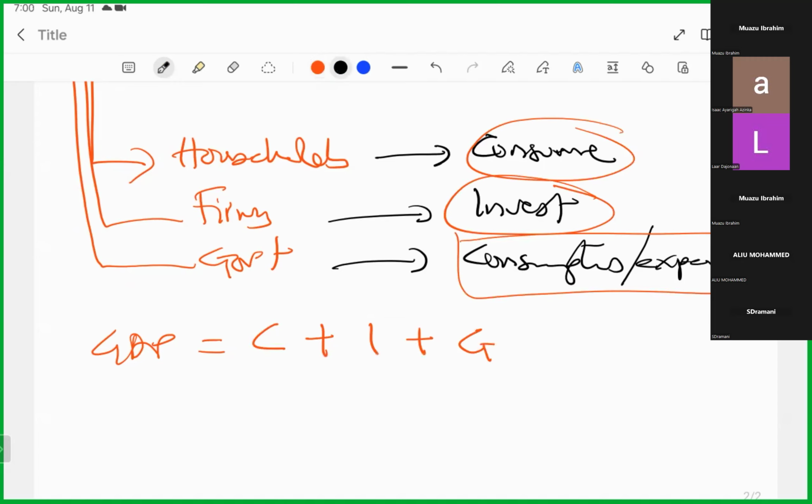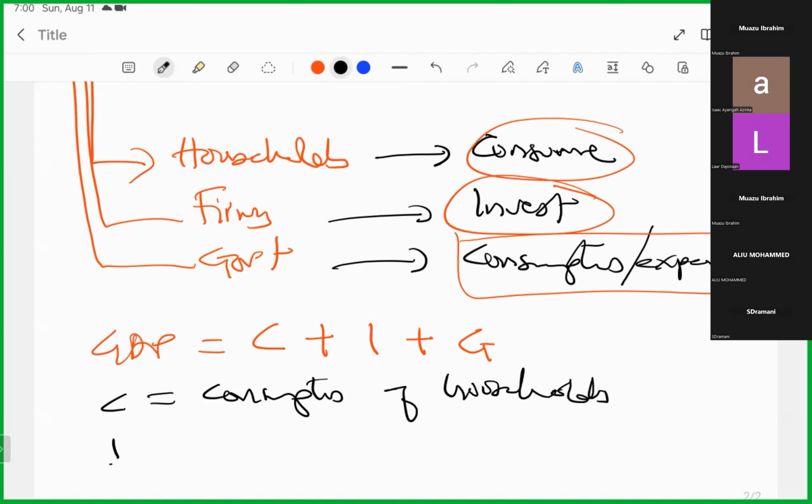Where C is the consumption of households. I is the investment of firms.